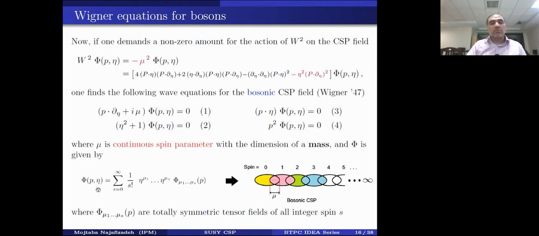But here, because you add an auxiliary Minkowski space, you have two parameters. You may work in position space or momentum space, and here also you may work in eta space or omega space. We will work in both auxiliary spaces later.